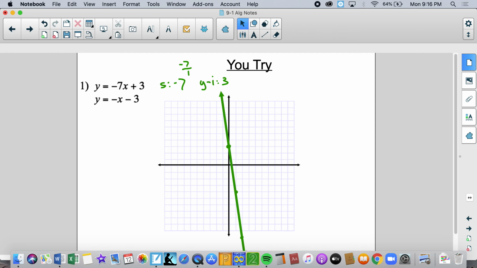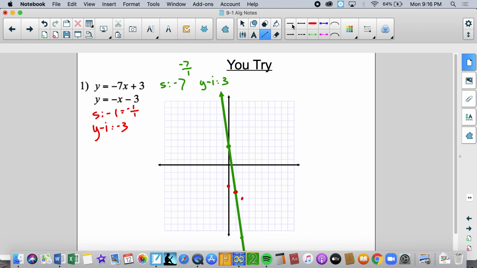And now let's do the other equation, y equals -x. So that slope is -1. The y-intercept is -3. So down 1, 2, 3. And then my slope is -1, which is -1/1. So I go down 1, right 1, down 1, right 1.